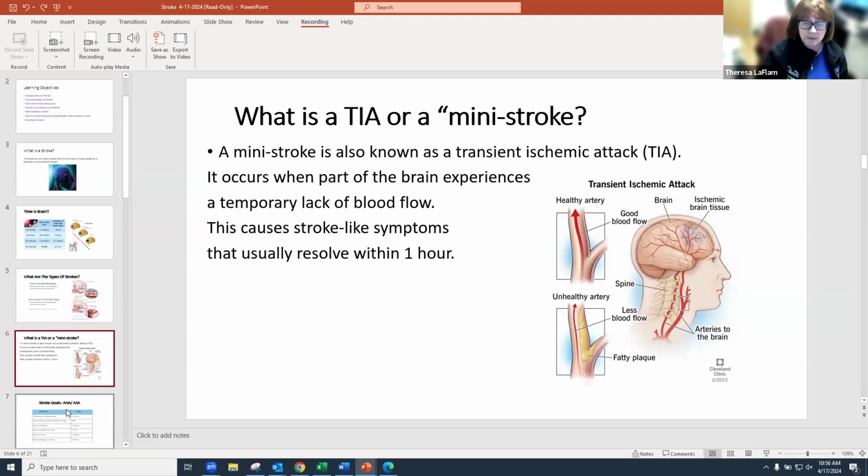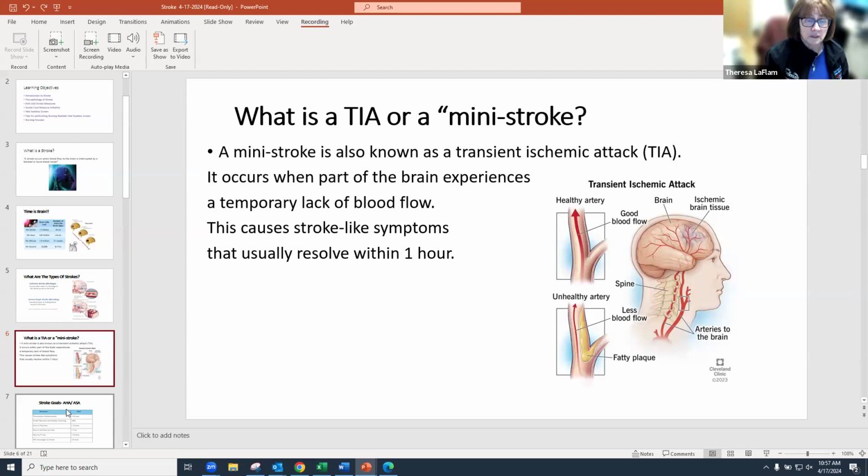So the good news about that is because it resolves, that means there's no damage to the brain. The bad news about that is sometimes our patients are very happy that they didn't have permanent damage and they think they can just go home and continue to carry on in their life the way they did before because they feel like, good, nothing bad happened. But it's not true.